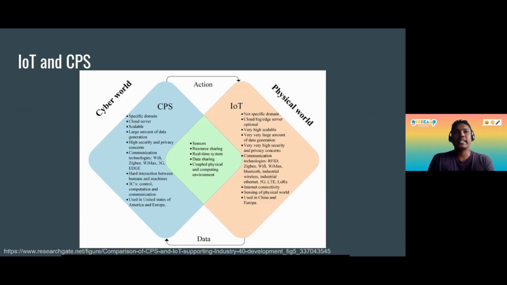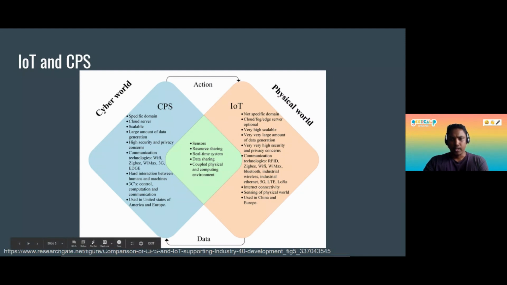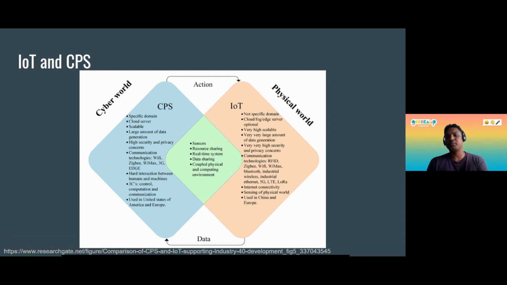So about IoT and CPS. As you can see already in this image, the Internet of Things is about connecting physical world devices, which can be either objects or machines or sensors or whatsoever, to the Internet, and eventually to each other, so that they can communicate between each other. While CPS, or Cyber Physical Systems, is basically the integration of computation, networking, and the physical process.